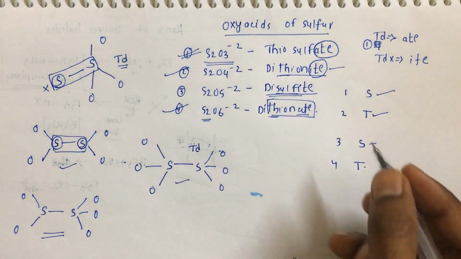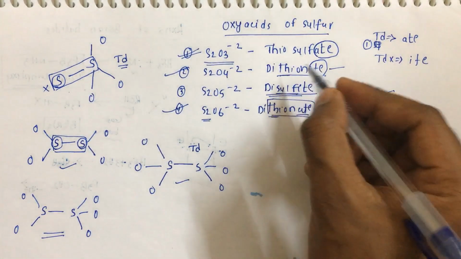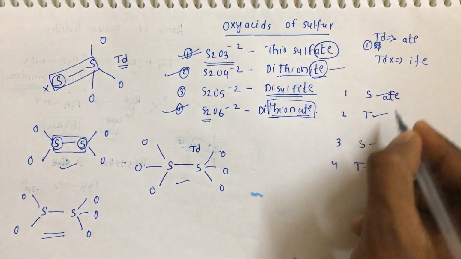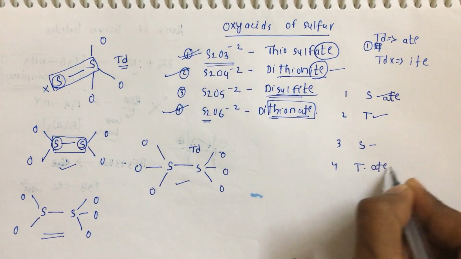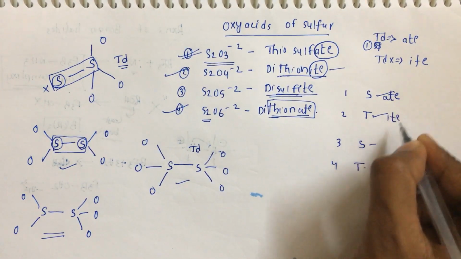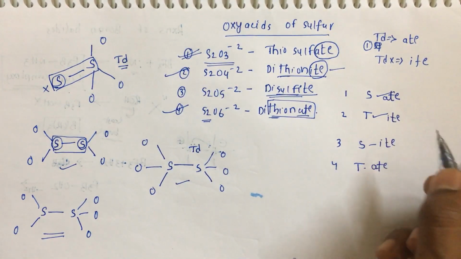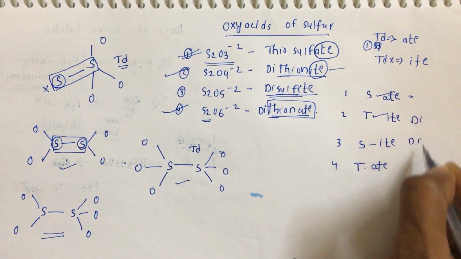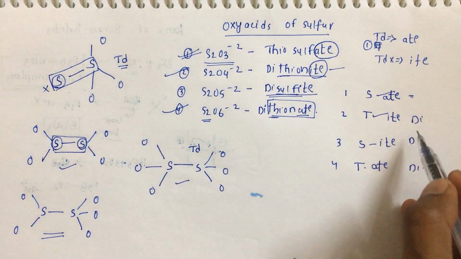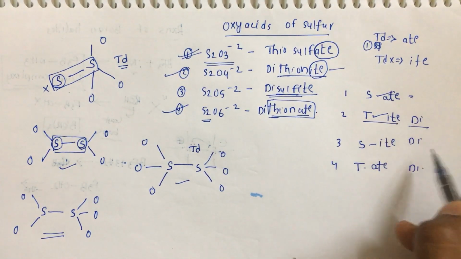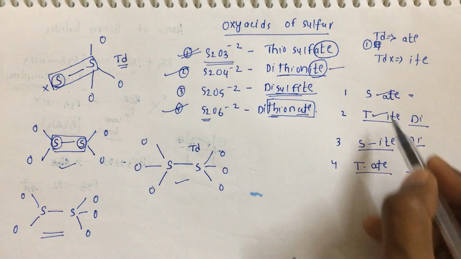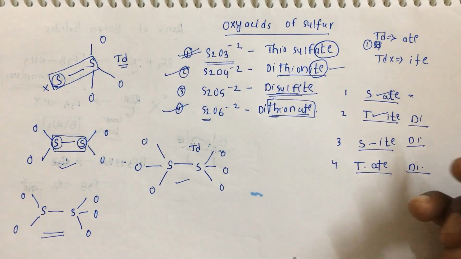Okay, this is clear. Now if it is a tetrahedral shape, the prefix will be thio, and this is also thio, and this will be thio. Okay, and except here, in the remaining all places di. Okay, so see, dithionite, disulfite, dithionate. This one is thiosulfate.